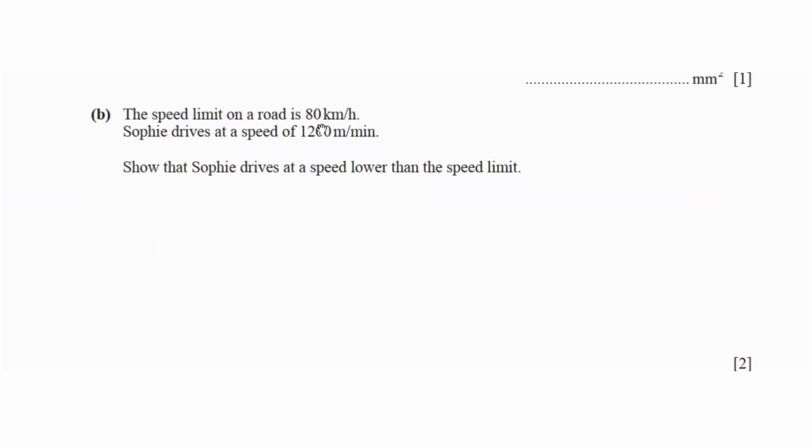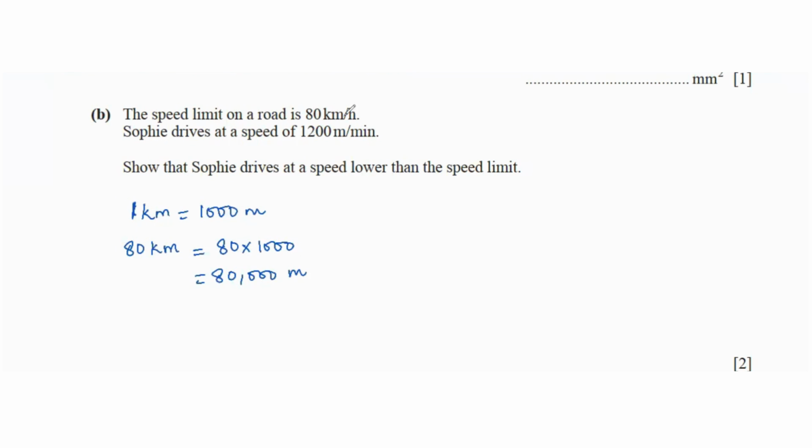Part B says the speed limit on a road is 80 kilometers per hour. Sophie drives at a speed of 1,200 meters per minute. Show that Sophie drives at a speed lower than the speed limit. So we need to convert the 1,200 meters per minute either into kilometers per hour or the other way around. So let's convert the 80 kilometers per hour. We know 1 kilometer is 1,000 meters. So 80 kilometers is going to be 80 times 1,000, which is 80,000 meters.